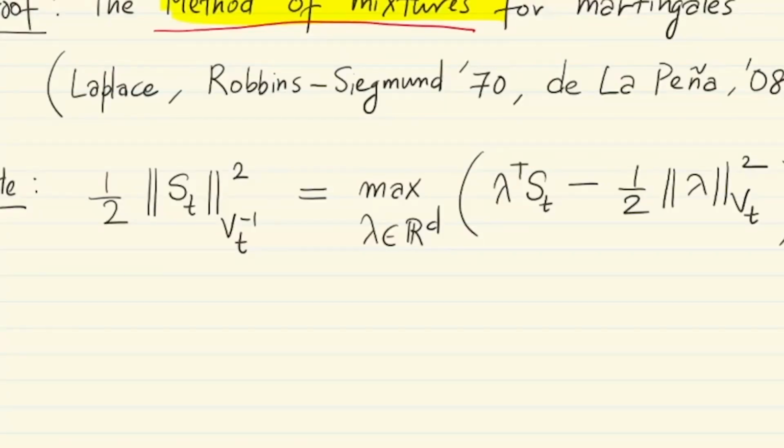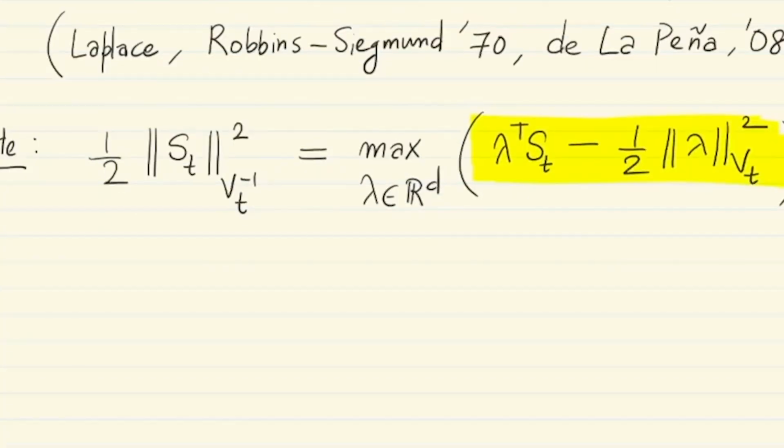So if we transfer our attention to the right hand side here, we would like to control the left hand side. One sufficient way to control the left hand side is to be able to control this particular quantity for every possible value of lambda, thus leading to an upper bound on the left hand side.